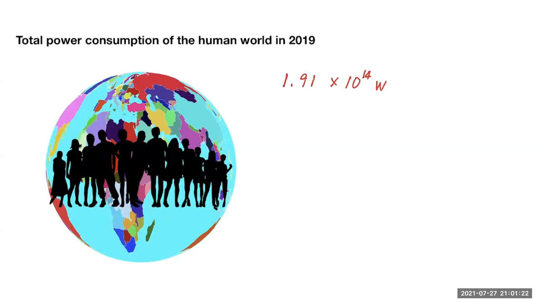Okay, and by the way, this number is roughly 0.1% of the total power we intercept from the sun. The Earth intercepts a certain amount of energy from the sun, right? A certain amount of power from the sun. And this number is roughly 0.1%.